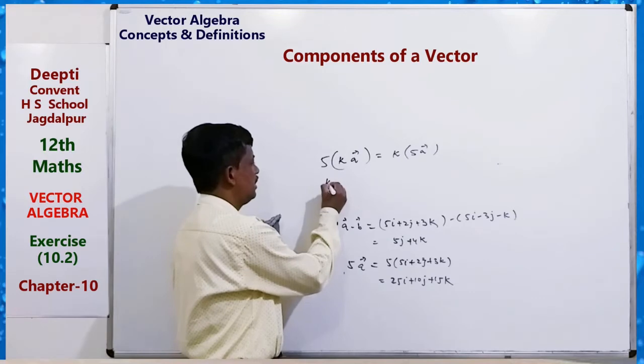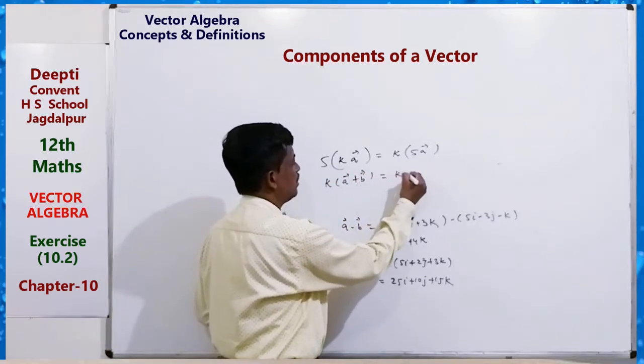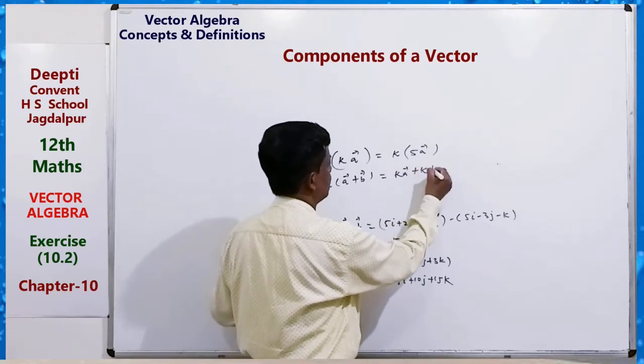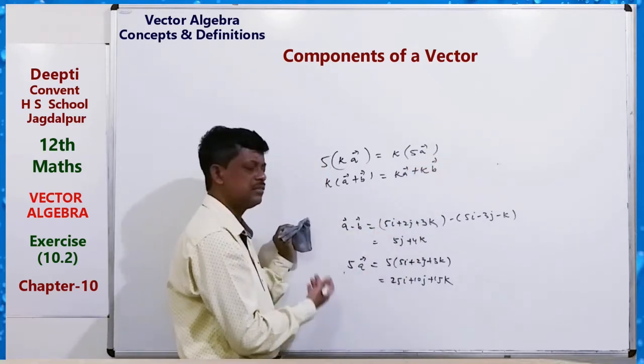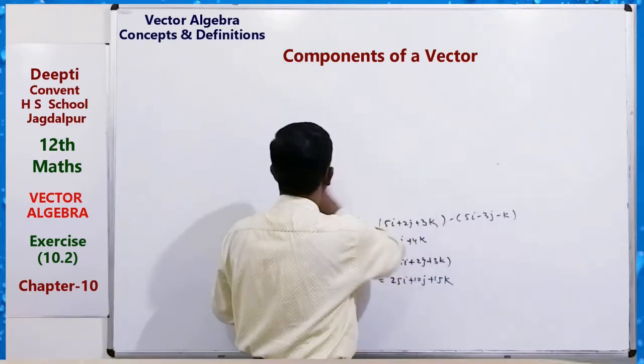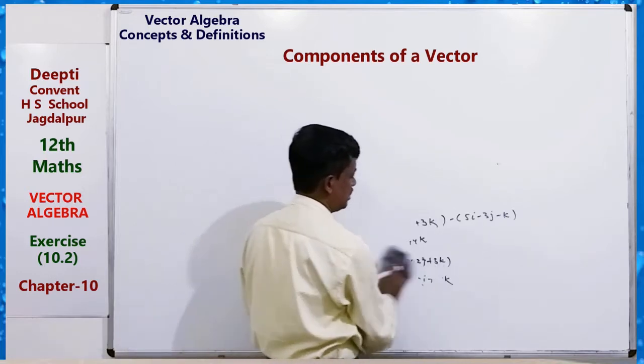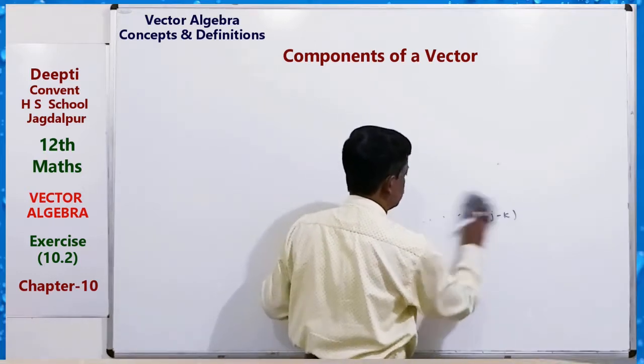And k times (a plus b) can be distributed as ka plus kb also. Simple addition, subtraction, and distribution of a scalar during addition and subtraction, you can do by the usual rule.